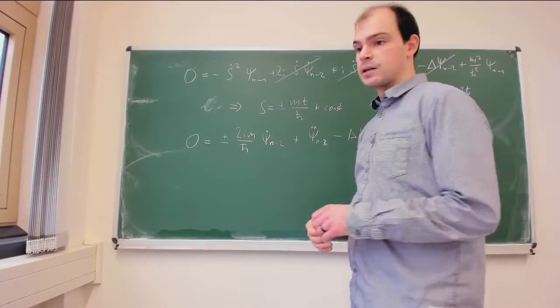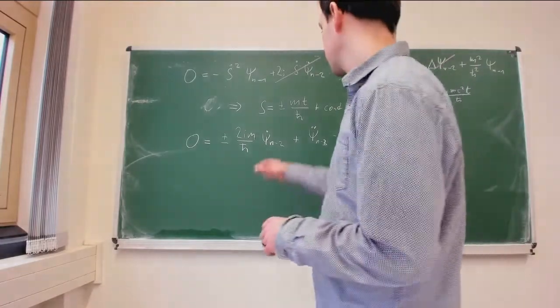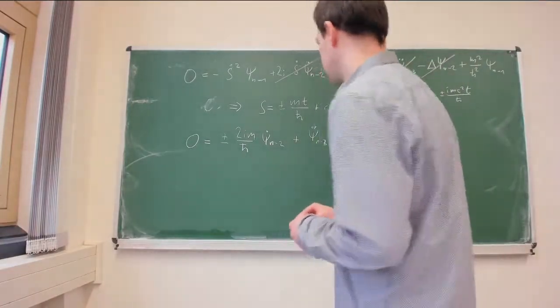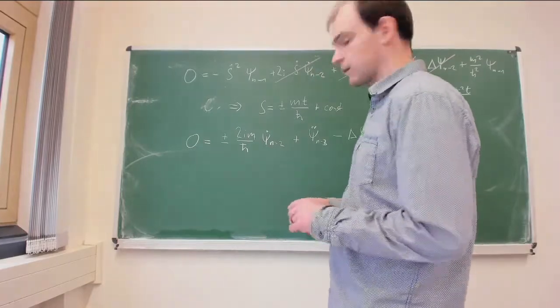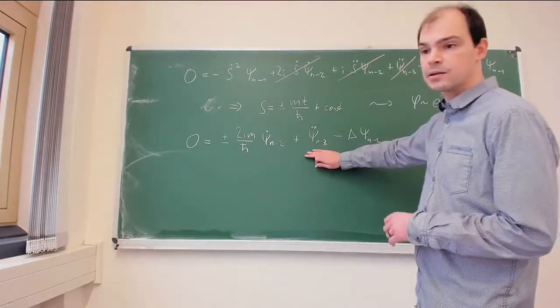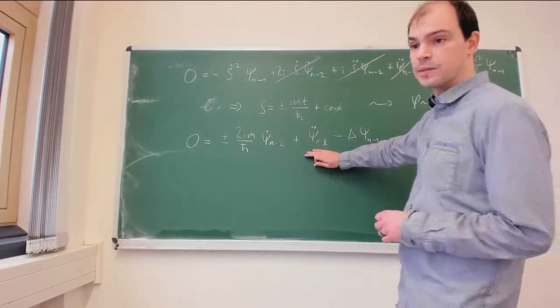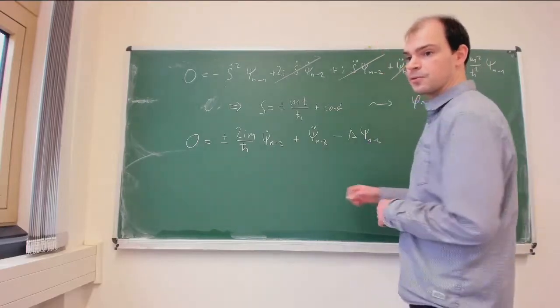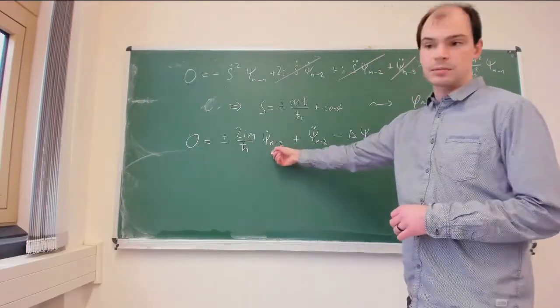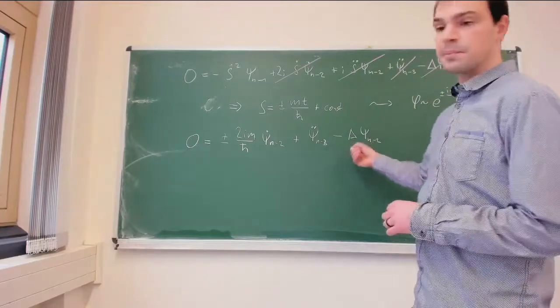And if we look at the order n equals 2 and we solve this, then we find again that this term still vanishes at this order. So what we are left with is a relation between psi dot and the Laplacian.